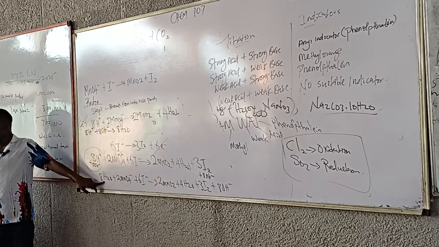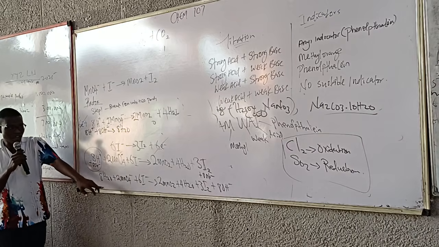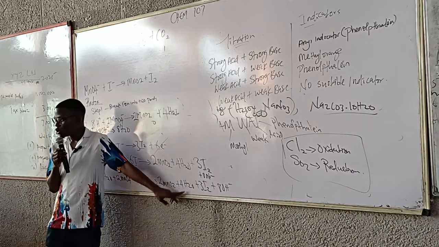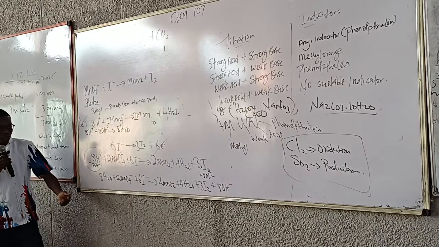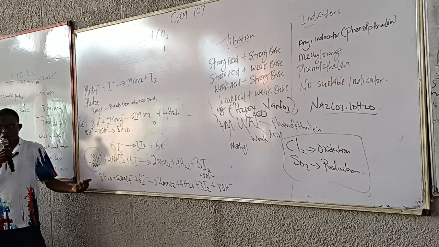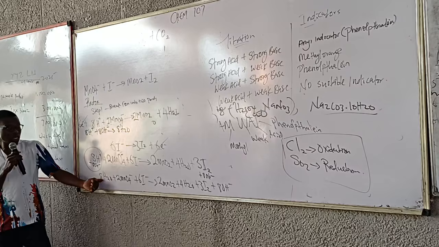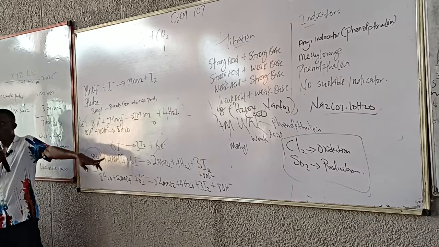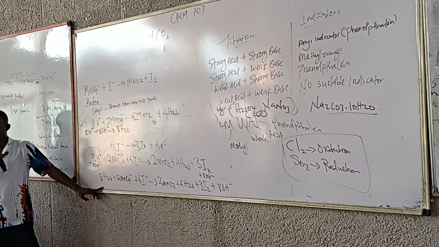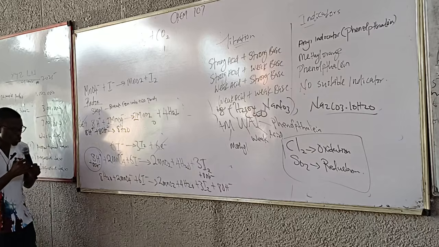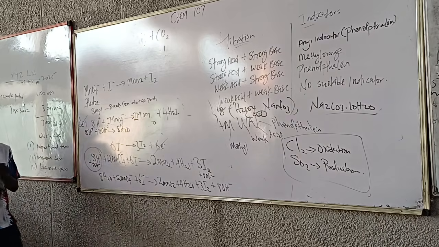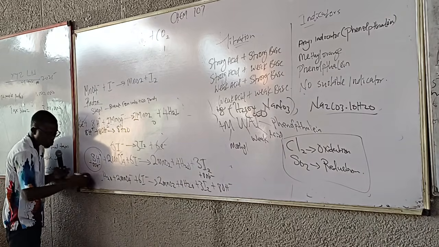We have how many here? 8. We have how many here? 4. So what will I do? I will subtract the smaller one from the bigger one. So I'll say 8 minus 4. That will give me 0 there, making here remaining 4.